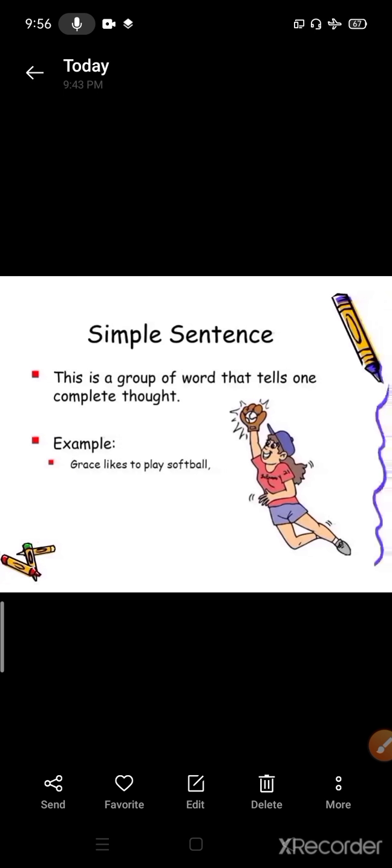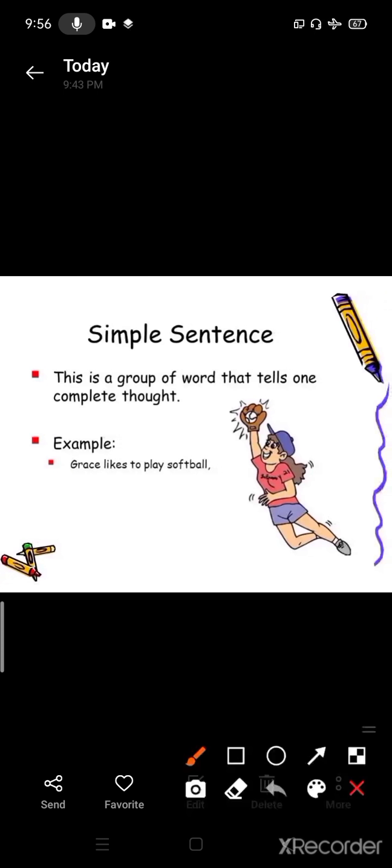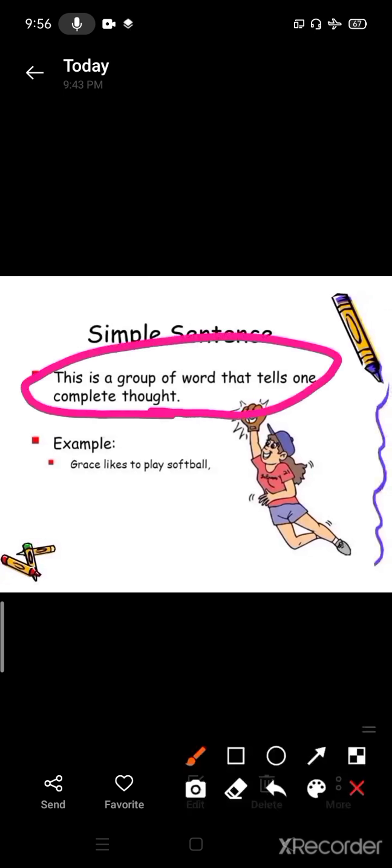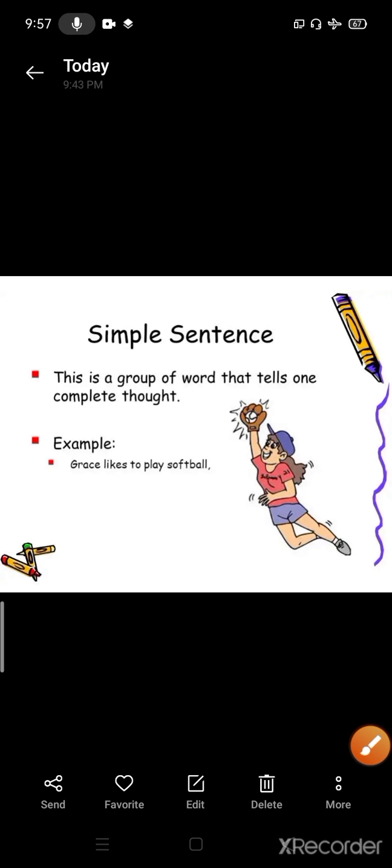First of all, let us know what we mean by a sentence. A sentence is a group of words that tells us one complete thought. Remember it, a group of words. That group of words will be known as a sentence.